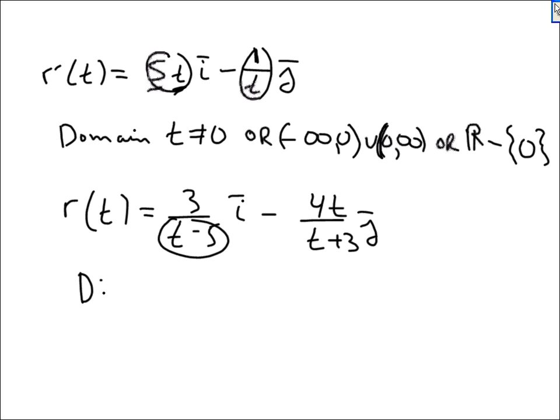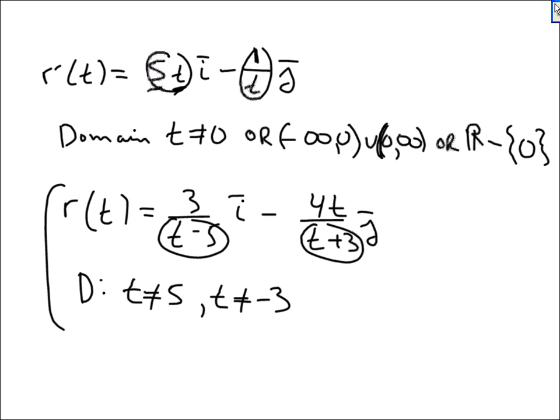We're not taking square roots, but we're dividing. The bottom is 0 when t is 5. You can't divide by 0. That second denominator will be 0 when t is negative 3. So I won't allow that. And there is your domain. T cannot be 5 or negative 3. It can be everything else.